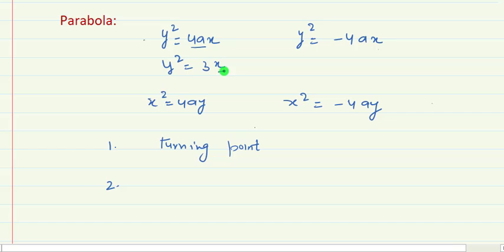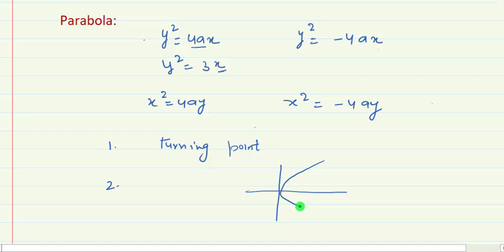Here in this case x has power 1, so this parabola will be along the x-axis. Along the x-axis means, let me draw this to show what it means. If I am talking about y square is equal to 3x, its turning point is (0, 0), and it is along the x-axis towards the positive direction.